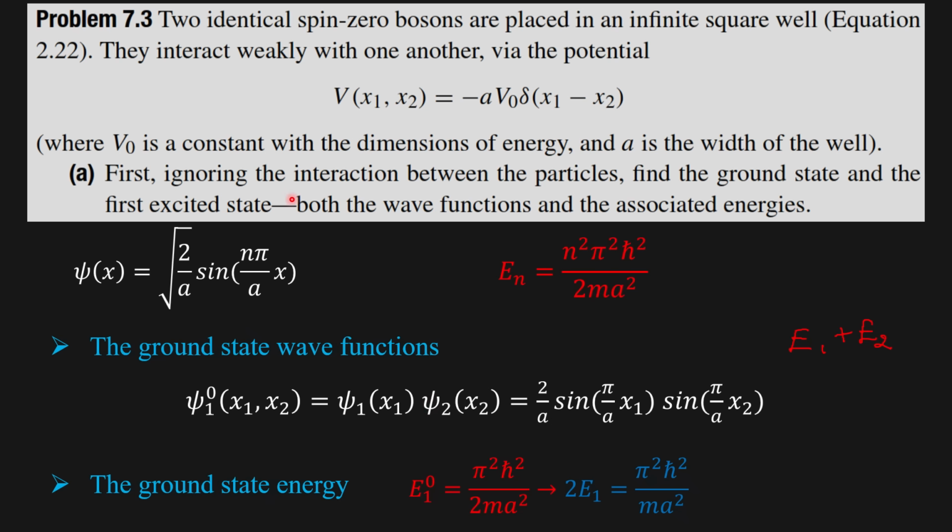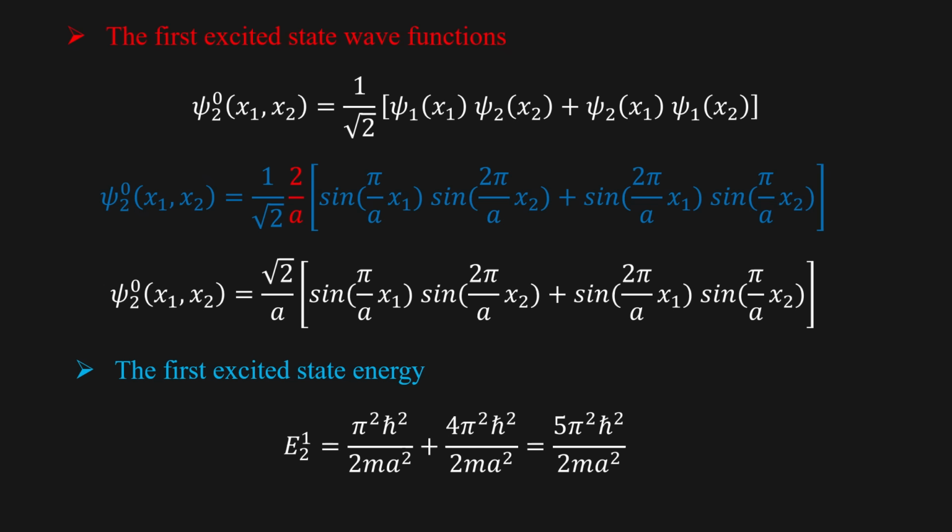We will see the first excited state. So we have to find the ground state as well as the first excited state. Now the first excited state is psi 2 0. This 0 indicates the unperturbed wave function, which is a function of x1, x2.